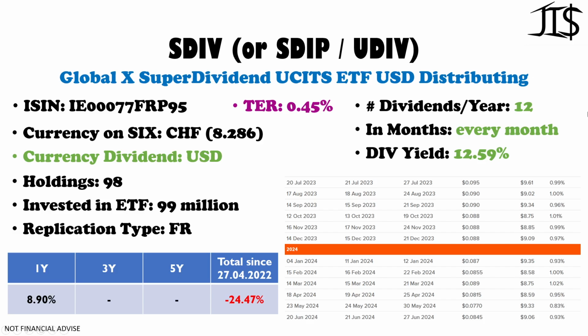But if you see here, dividend yield 12.59%, and the past year they are only up 8.90%, that means that in fact they are momentarily still negative in their performance of the stock price of the ETF.